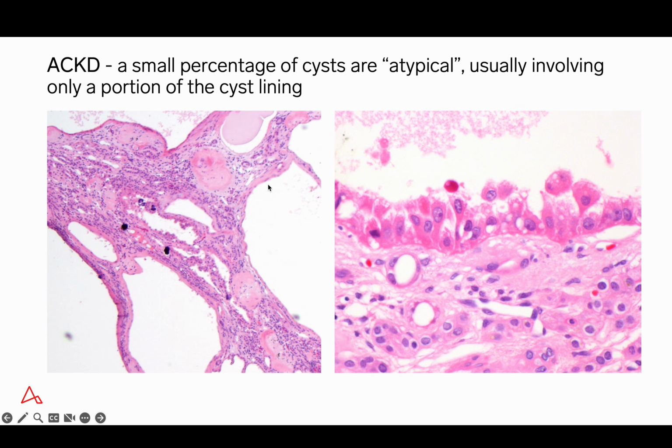Most of the cyst lining is inconspicuous, but if we look at this area right here and examine it at higher power, we can see marked cytologic atypia. There's nuclear enlargement, prominent nucleoli, and there's also cell stratification. So these are atypical cysts and indicate a neoplastic diathesis in this kidney.